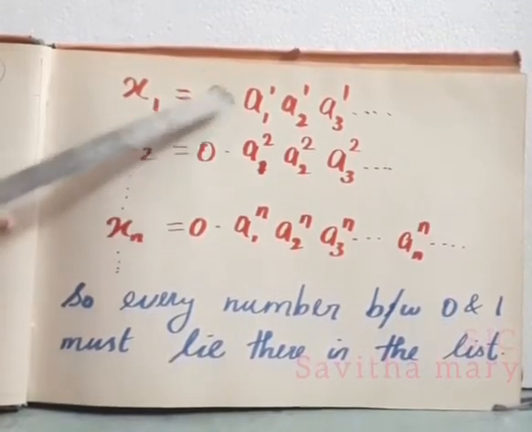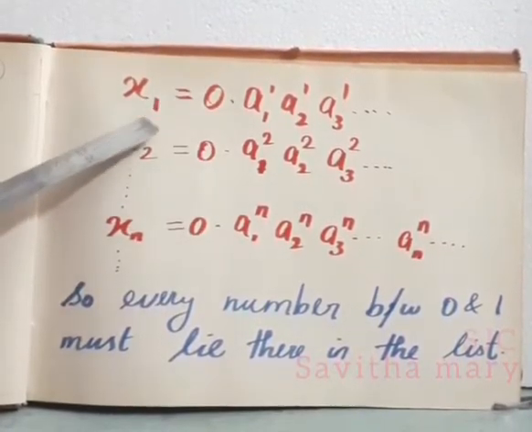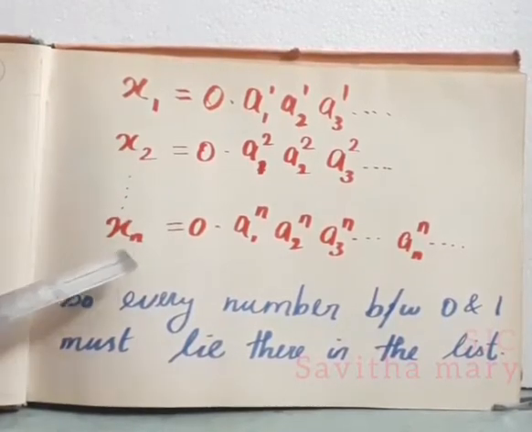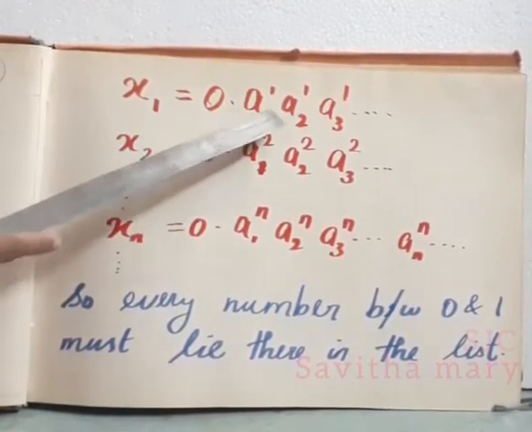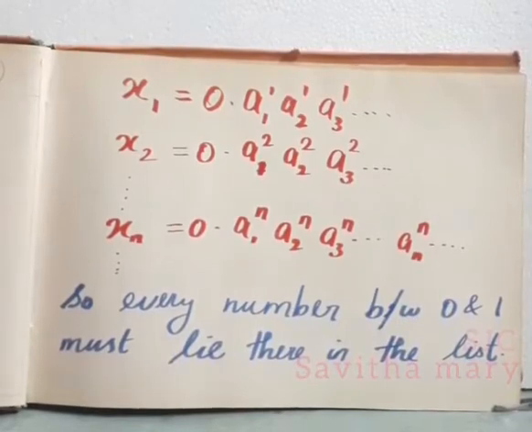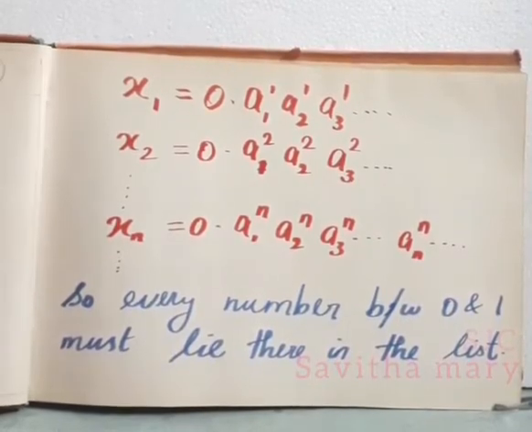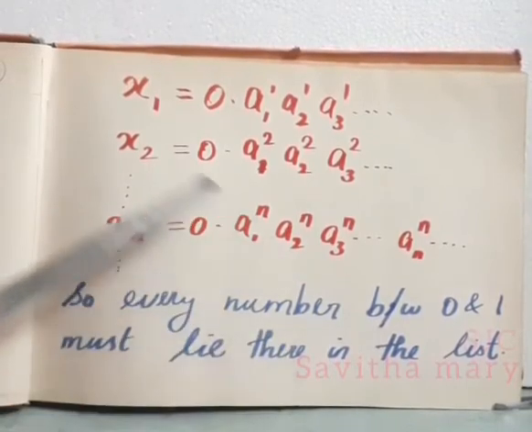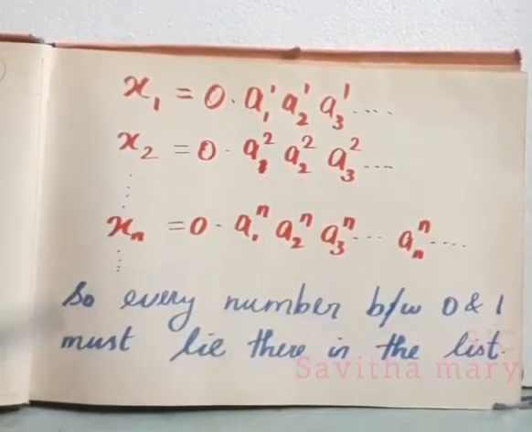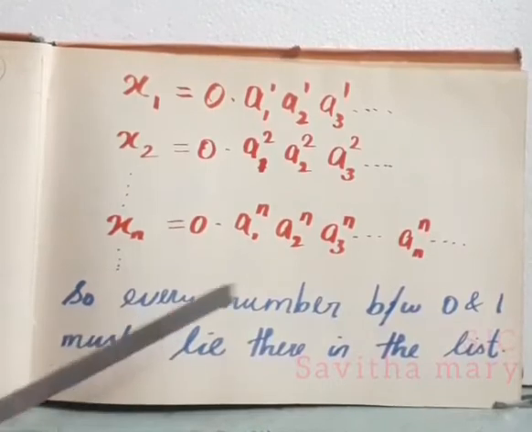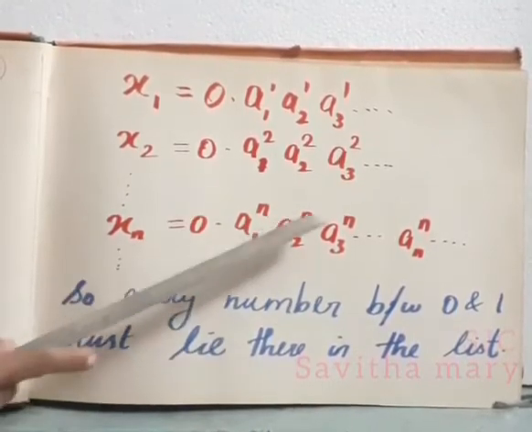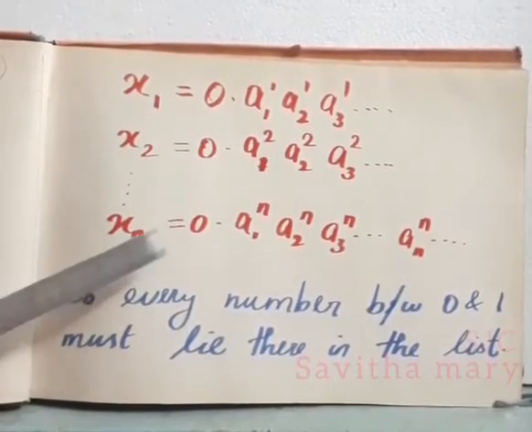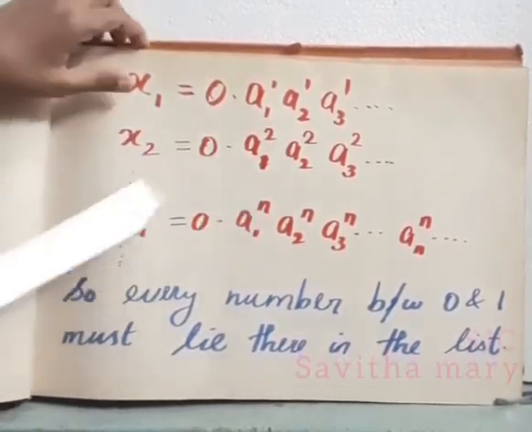So every number between 0 and 1 must lie in the list of arrays. This is our assumption.